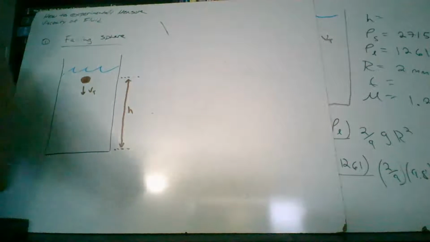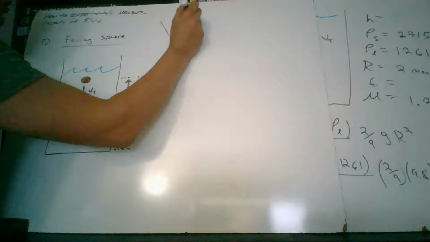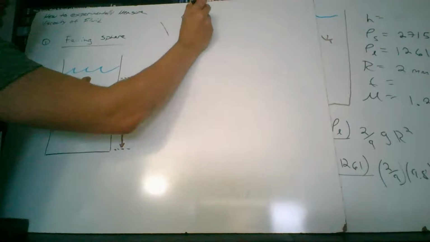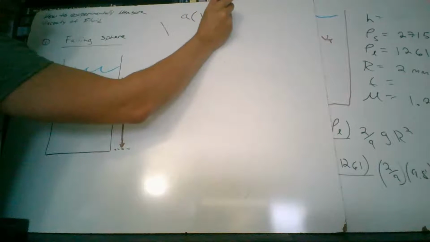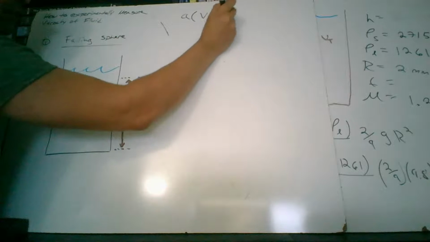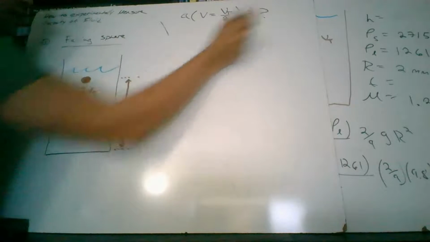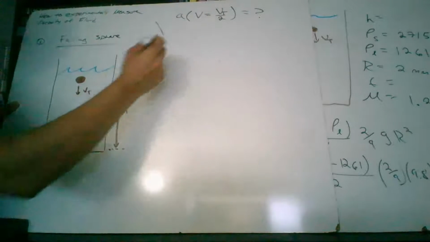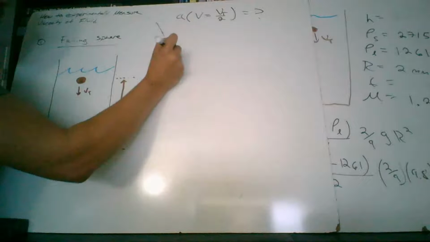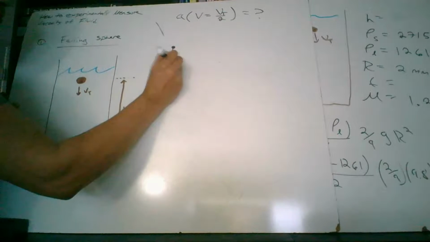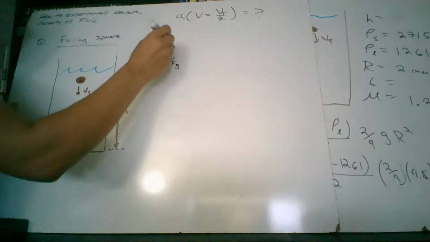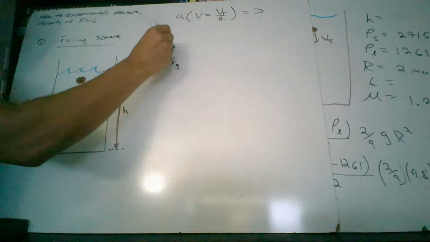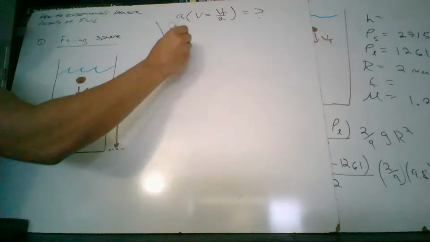So we want to know the acceleration when the velocity is equal to half the terminal speed. So what would the acceleration be there? Well, you got to draw your free body diagram and look at all the forces that are acting on it first. So you have the force of gravity pointing down. This object is falling down, so there's going to be a buoyant force going upwards.